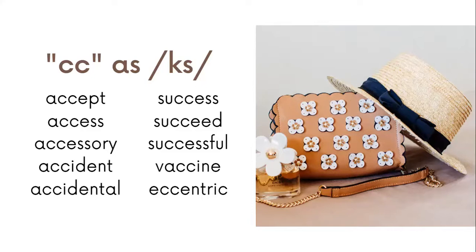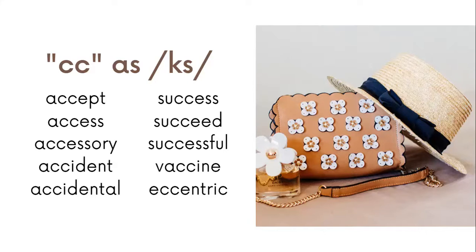So for example, you have accept. Many people would say accept. That's wrong. It's accept. So accept, access, accessory. Now that word could be access, depending on whether it's a noun or a verb. Access, accessory, accident, accidental, success. Now this word is stressed on its second syllable.